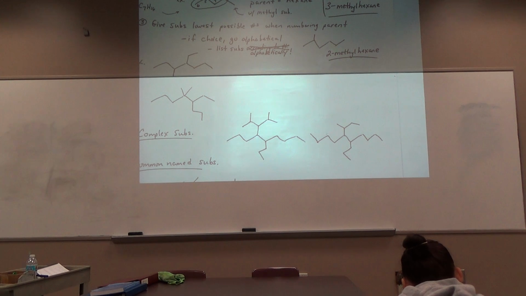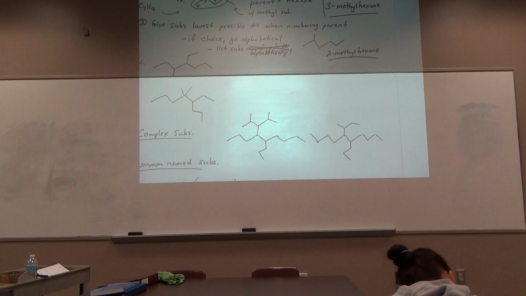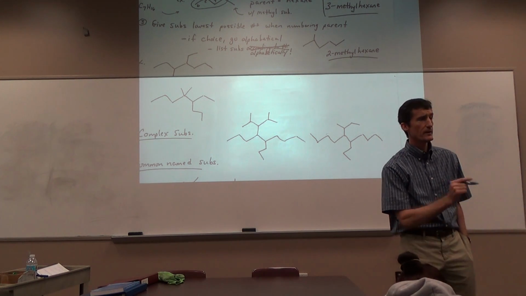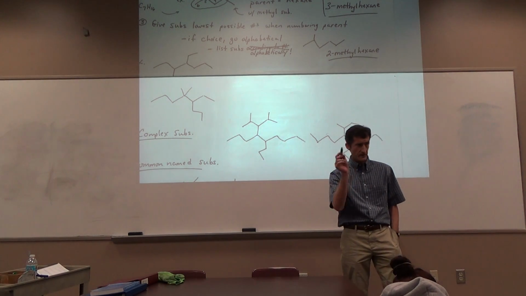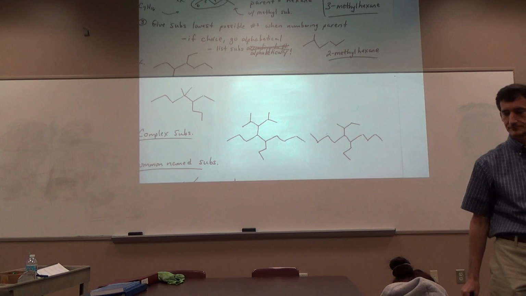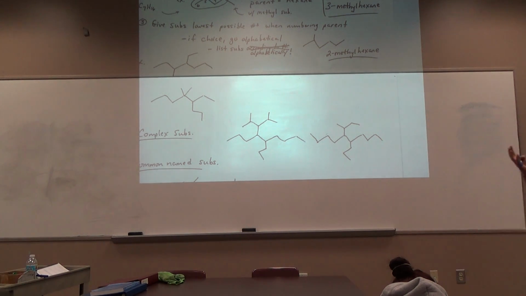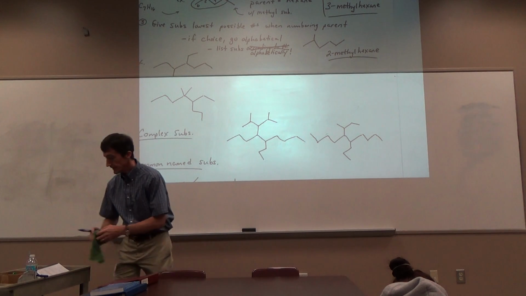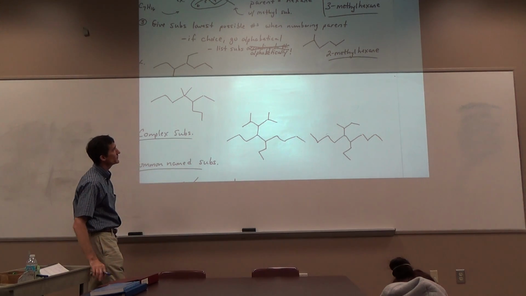So 2-fluoro would go first. When you list your substituents, they're listed alphabetically, not by number. I actually had to mark that out on the handout. I just got it wrong when I was doing it. Other questions about nomenclature?